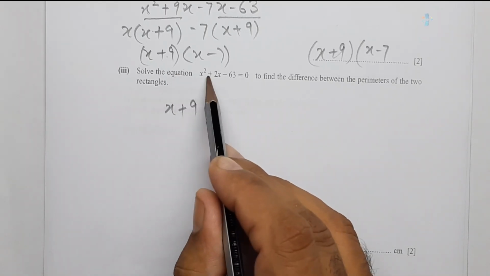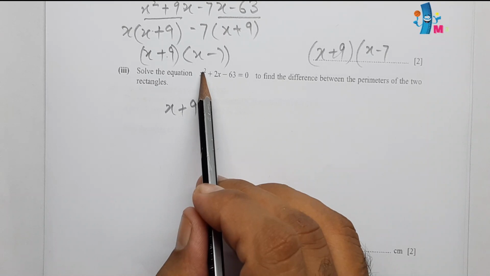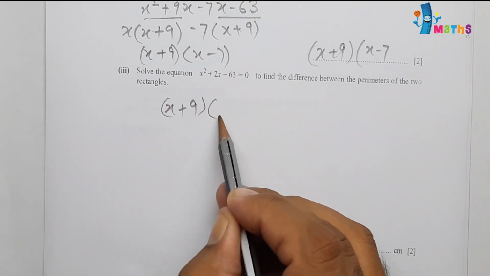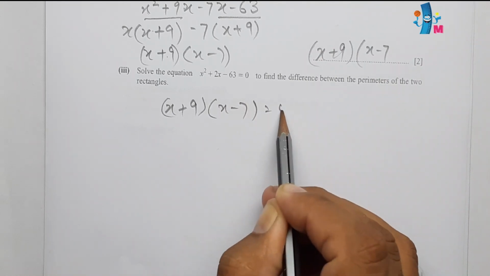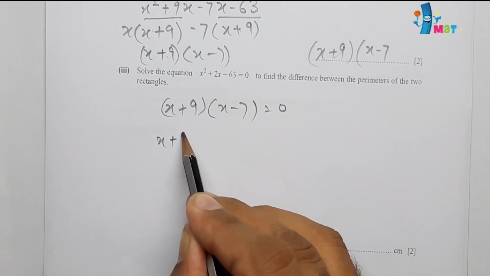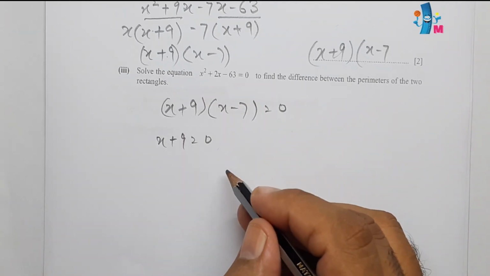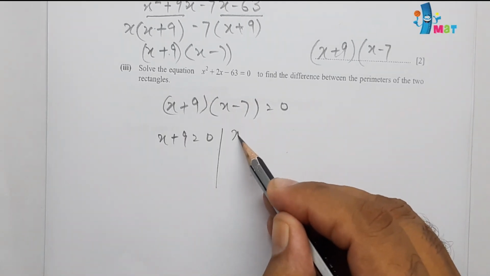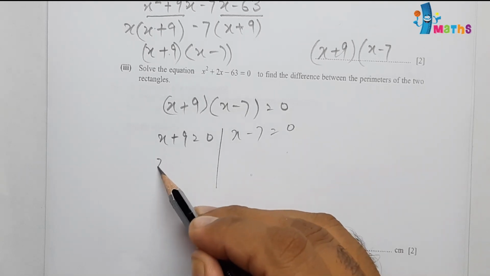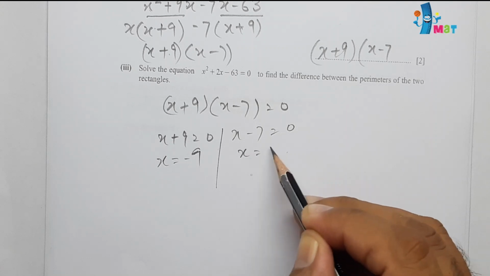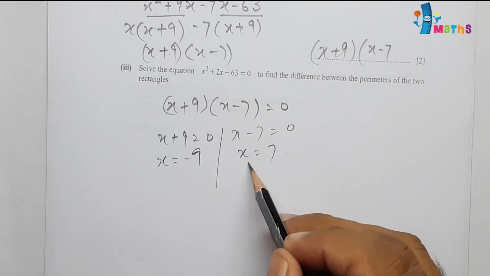We have already done this. x squared plus 2x minus 63 is equal to 0, so x plus 9 into x minus 7 is equal to 0, so x plus 9 is equal to 0, and the second one will be x minus 7 is equal to 0. So this will give us x is equal to minus 9 and x is equal to 7, so we will take the positive root.